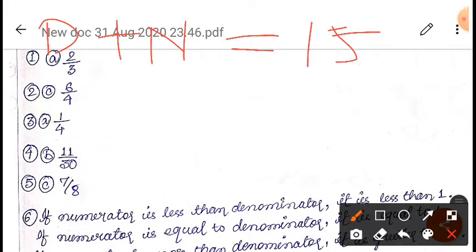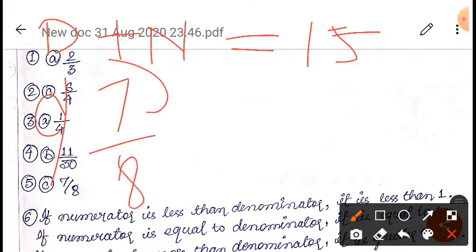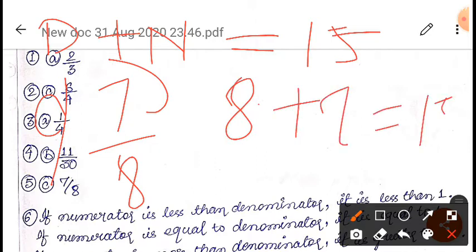Option B is 15 only, so it is also not possible. Now option C is 7 by 8. The denominator is 8 and the numerator is 7, so when you add these it will become 15. So option C is the answer.